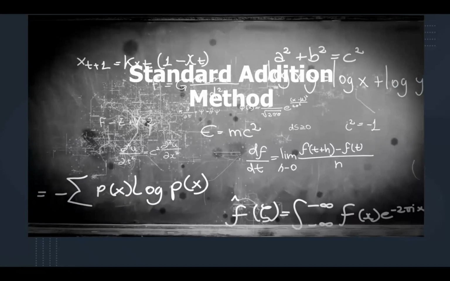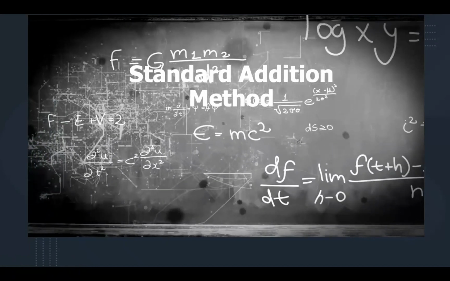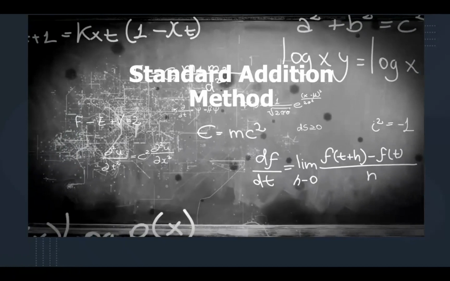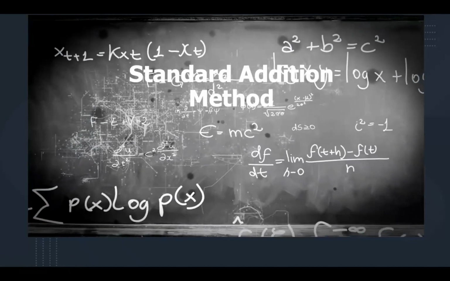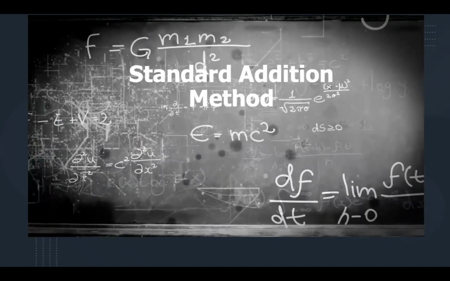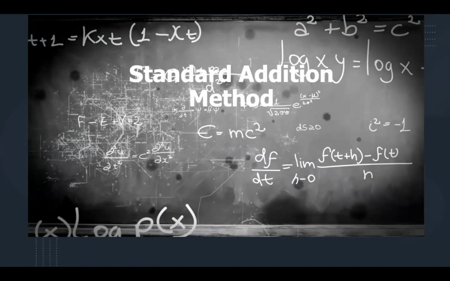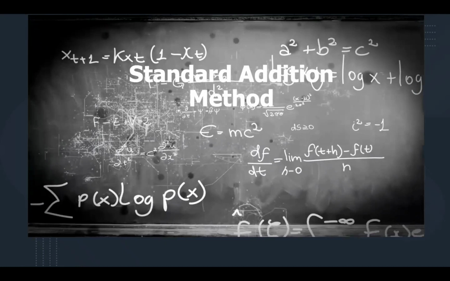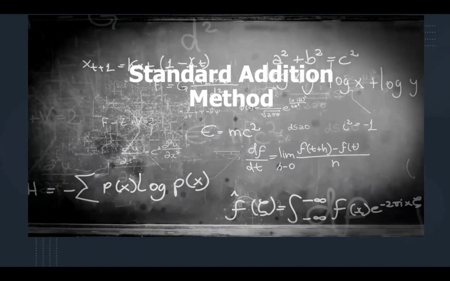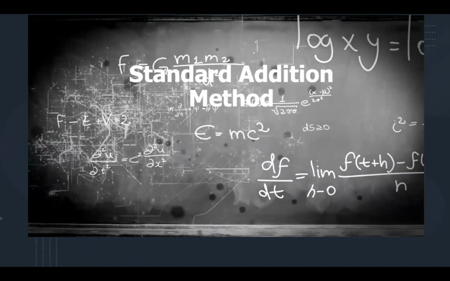I think I have discussed a bit on the matrix effect. Matrix is the other compounds that exist in the sample that is not our interest, but it is there. Definitely is there. And this is a very important technique because in order to eliminate the effect of the matrix, we have to use this standard addition method.